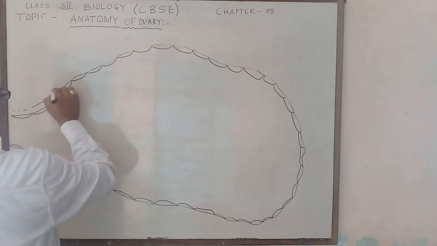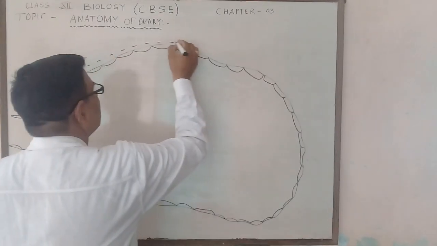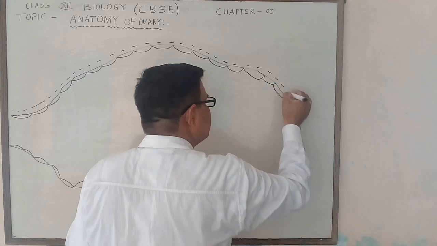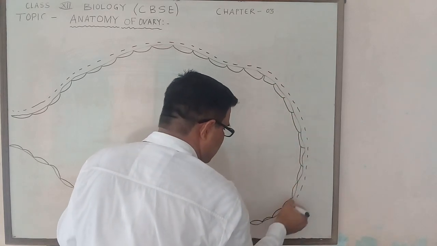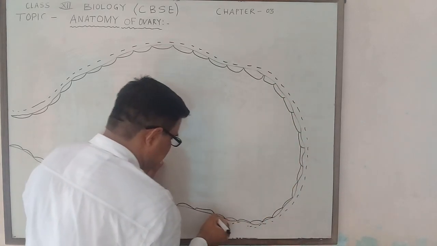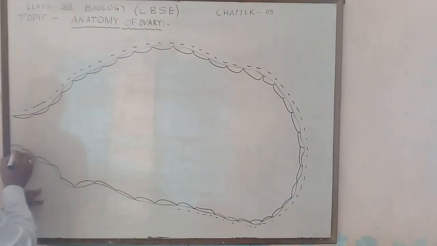Above the germinal epithelium, one layer is present in the ovary, which is called the tunica albuginea.